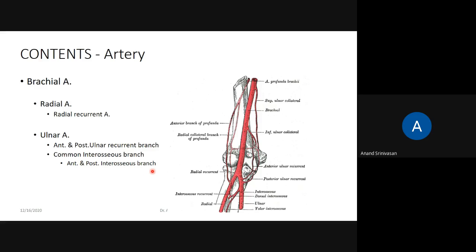As the name indicates, the anterior interosseous artery will be found on the anterior part of the interosseous membrane, which connects the radius and ulna, and the posterior interosseous is found between radius and ulna on the posterior side. So these are the branches: the recurrent branch and the interosseous branch from the ulnar artery, and the recurrent branch from the radial artery.